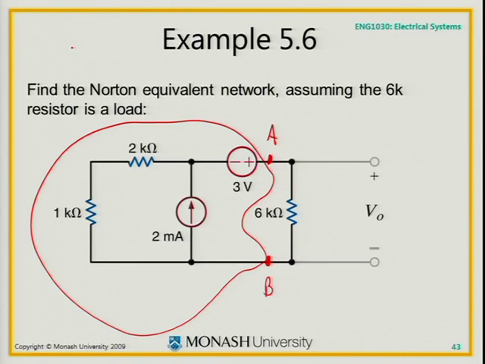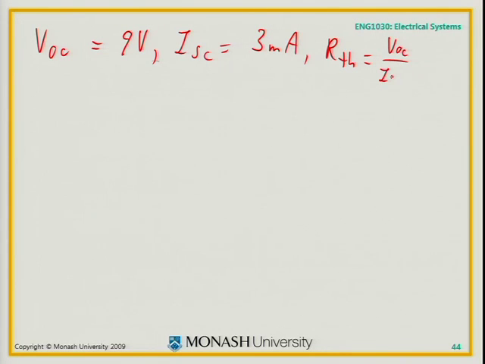Well, we found before for that circuit, the one we analysed last lecture, that VOC was, I think, 9 volts, that I short circuit was 3 milliamps, and therefore R Thev was VOC on ISC, which was 3 k ohms.